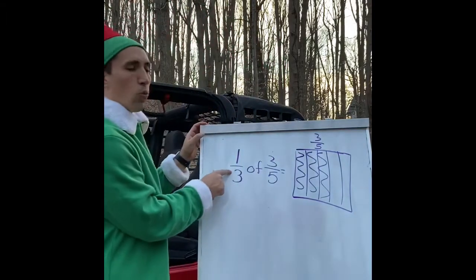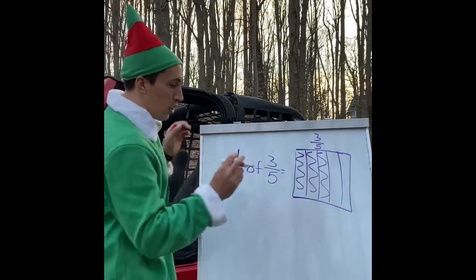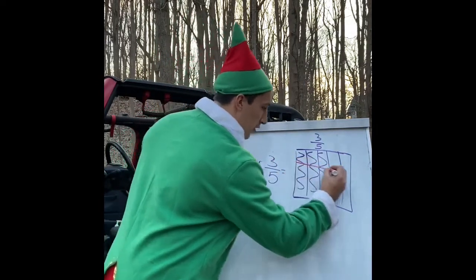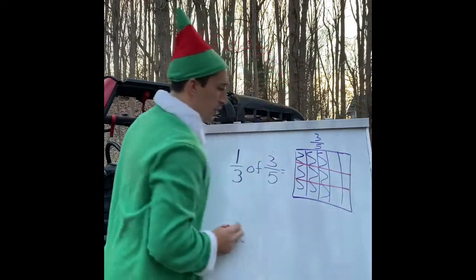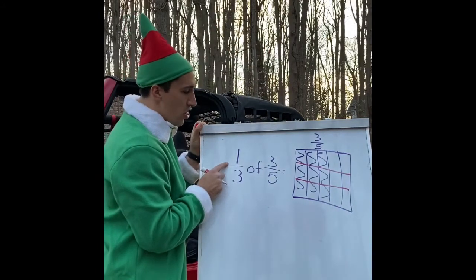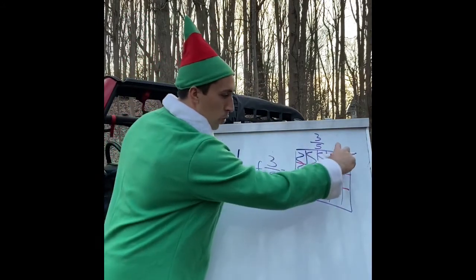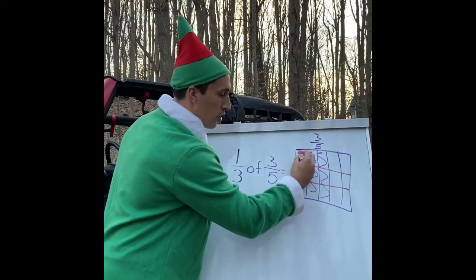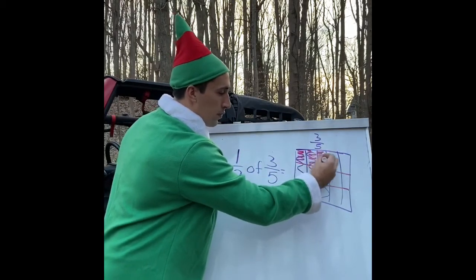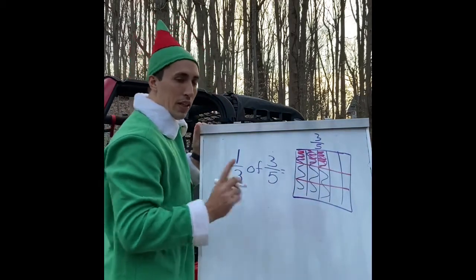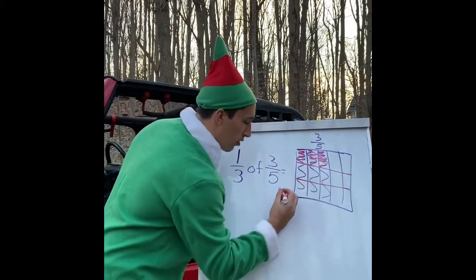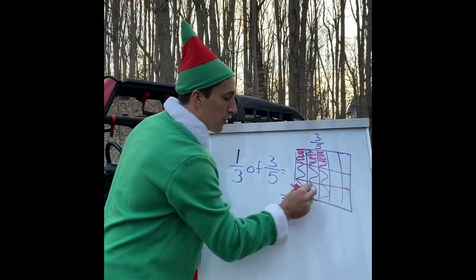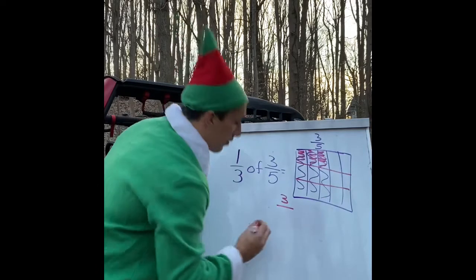Now, I want 1/3 of 3/5. So I'm going to cut my fifths into thirds. All right, I'm going to shade in 1/3. Remember, this is 1/3, 2/3, and 3/3. So I'm going to shade in 1/3. This is going to give me the total of 1, 2, 3, 4, 5, 6, 7, 8, 9, 10, 11, 12, 13, 14, 15th.